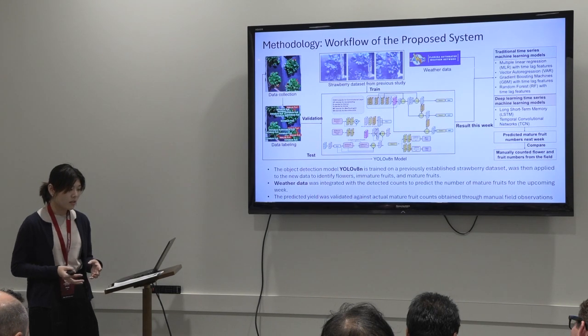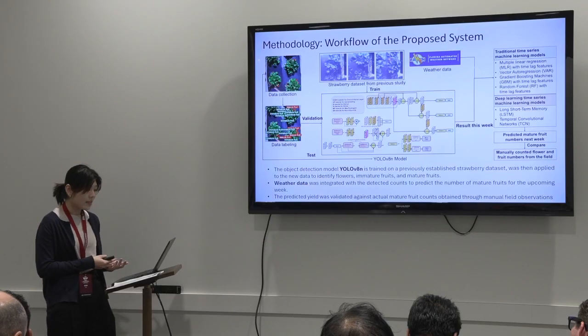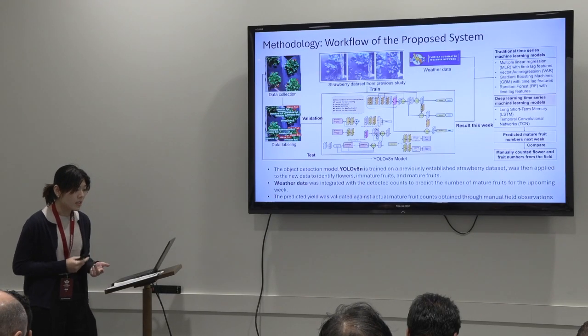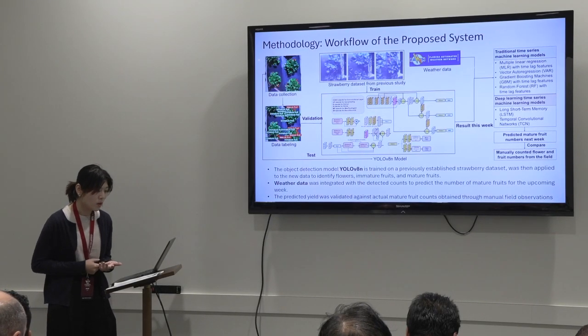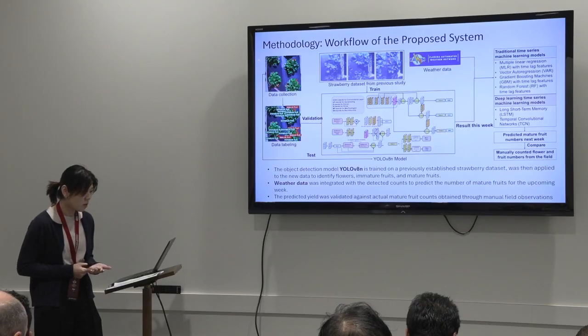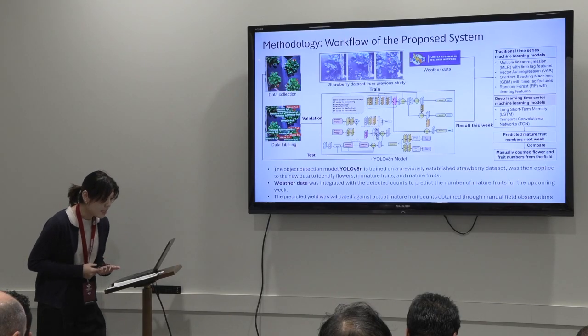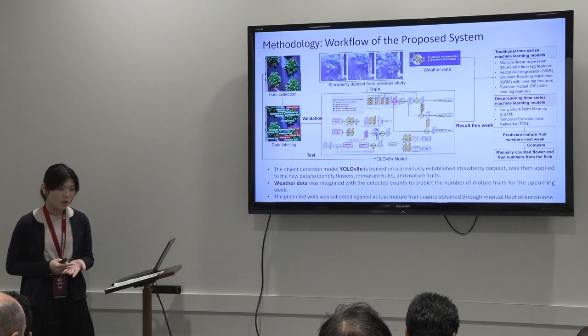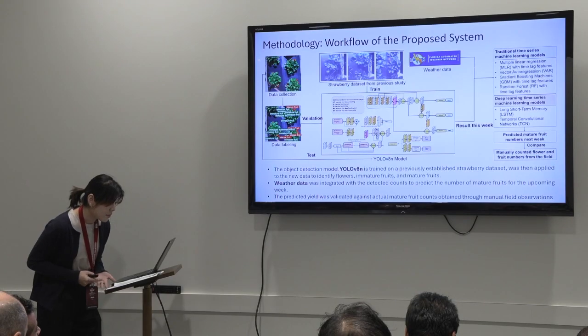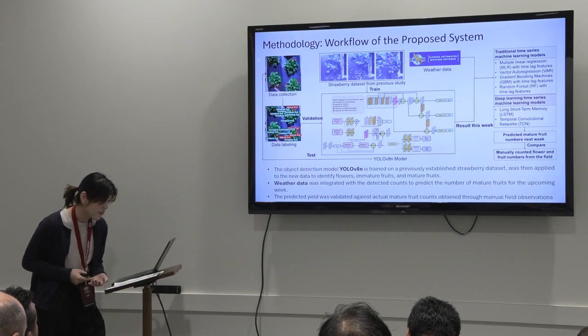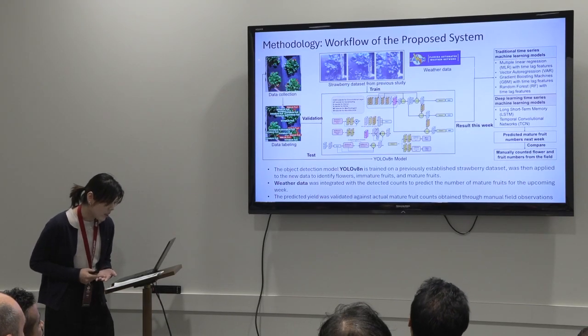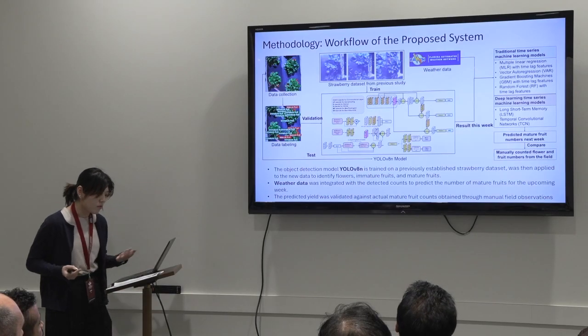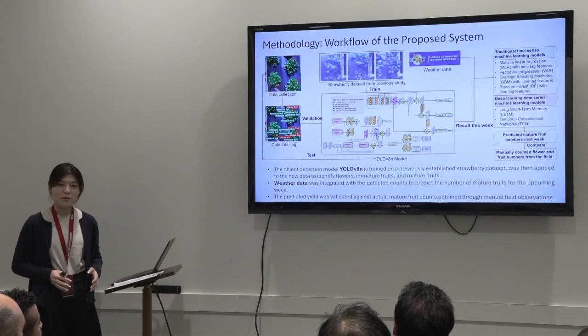And for the result, we integrate it with the weather data into our 2 categories of prediction models. First is the traditional models, and another one is the deep learning models. For the traditional time series machine learning models, we tried ARIMA and VAR, GBM, and random forest, which are all very famous, classic models.